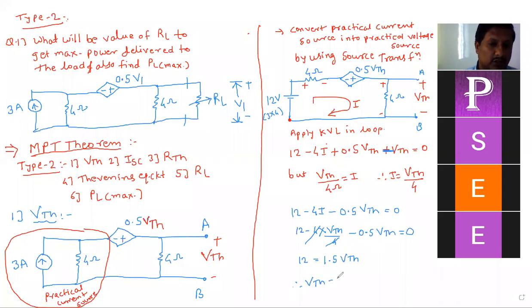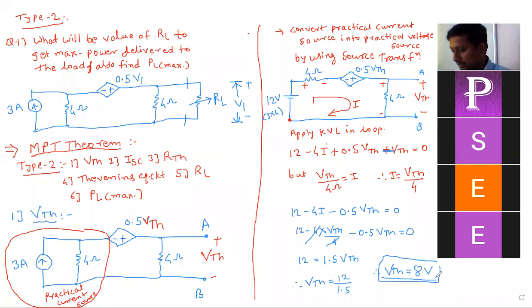Therefore, VTH is equal to 12 divided by 1.5. So answer will be 8 volt.